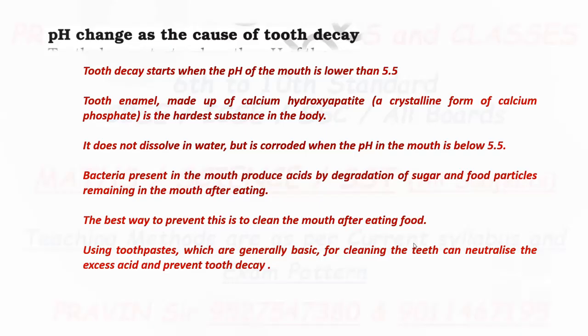Now, pH change as the cause of tooth decay. Tooth decay starts when the pH of the mouth is lower than 5.5. Tooth enamel, made up of calcium hydroxyapatite, a crystalline form of calcium phosphate, is the hardest substance in the body.